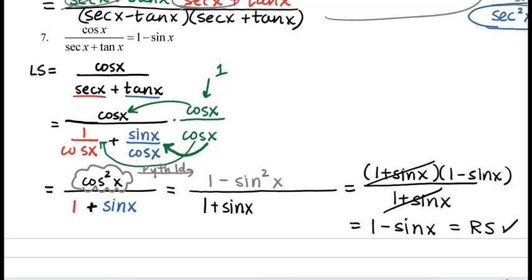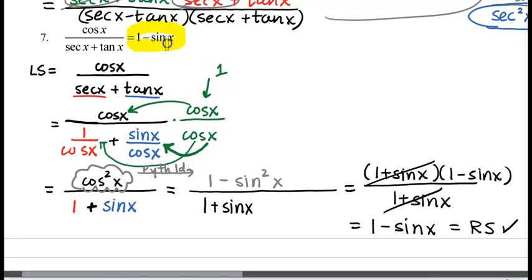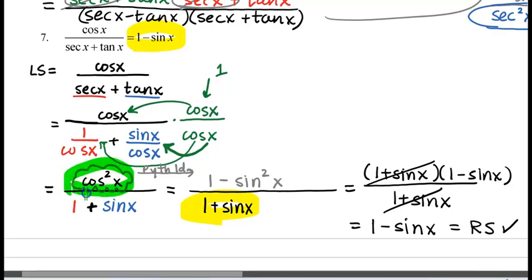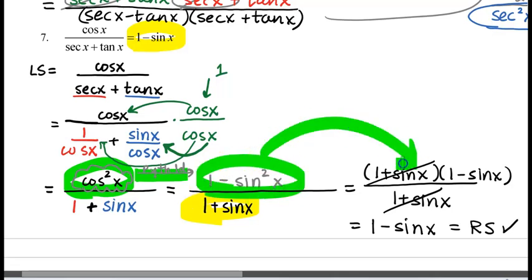Again, we're seeing these themes show up where we think about what we're trying to get to, what we already had. Seeing those two things that are highlighted in yellow is really what sets me off to say, I want to change this cosine squared using a Pythagorean identity to 1 minus sine squared so that I can factor the difference of squares, and then I can cancel out and be left with 1 minus sine x.